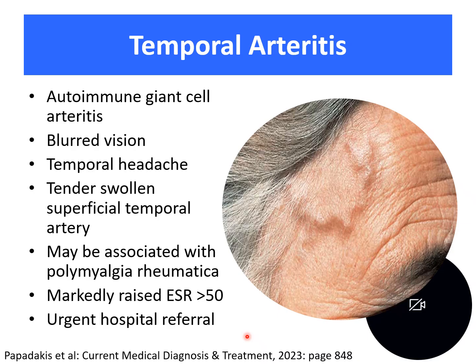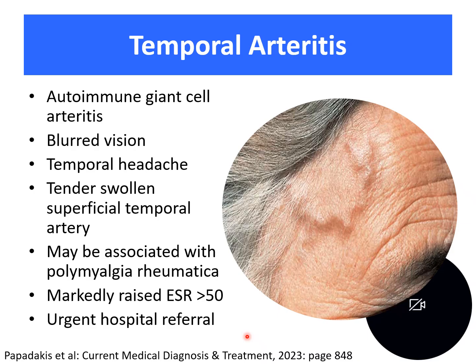If you were to have inflammation in the central retinal artery that comes off of the ophthalmic artery, this can cause blindness, and you want to get to the bottom of this before that happens.